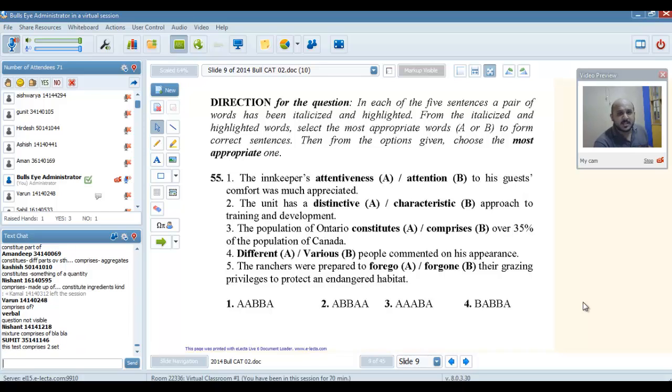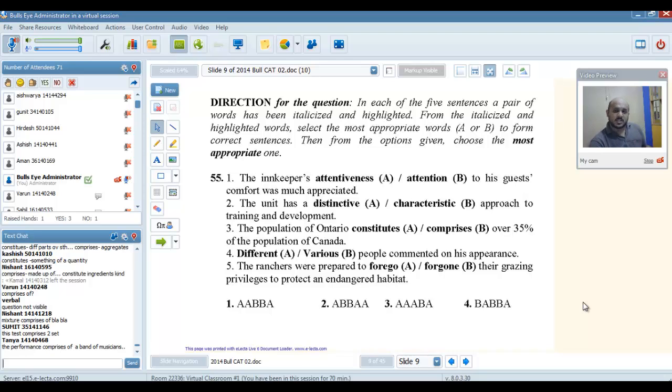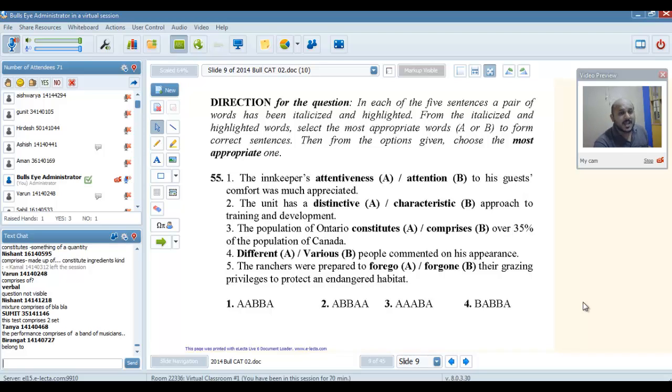But since I am saying it constitutes over something, I have to say the population of Ontario constitutes over 35% of the population of Canada. That means it is that much, that is the portion of population. So that is why we use constitutes in this case. Okay? So that is the difference in this case.